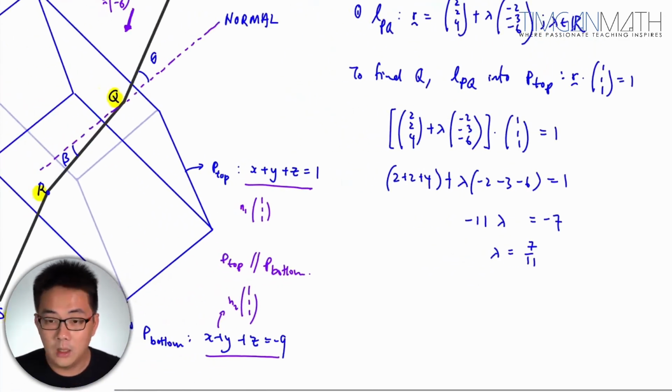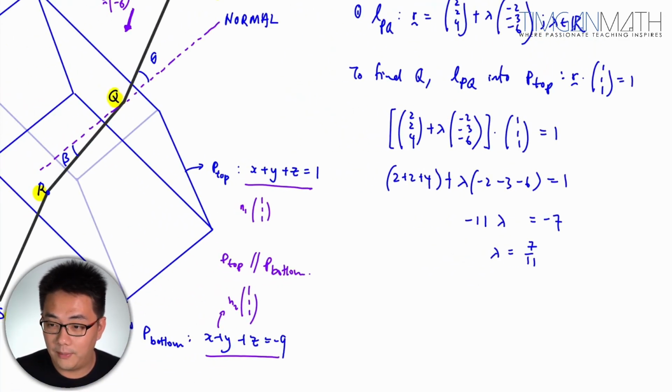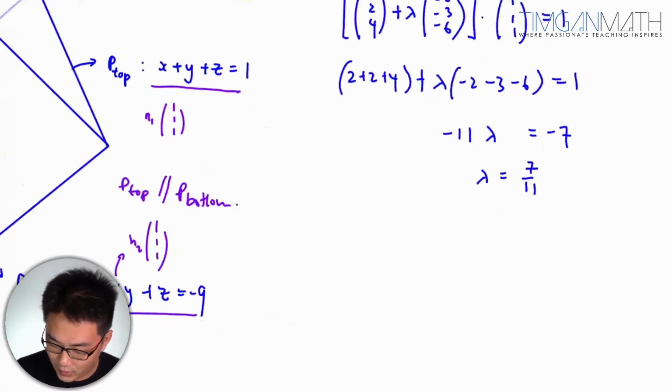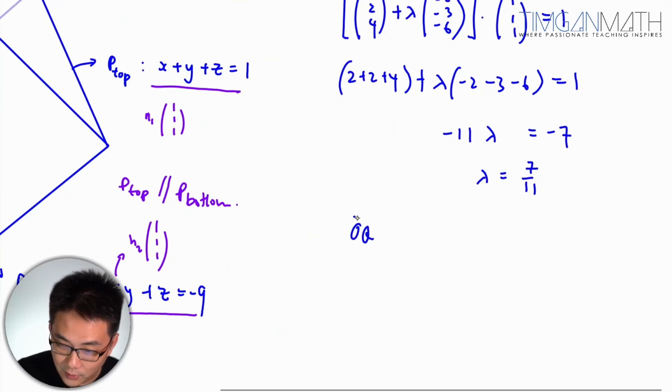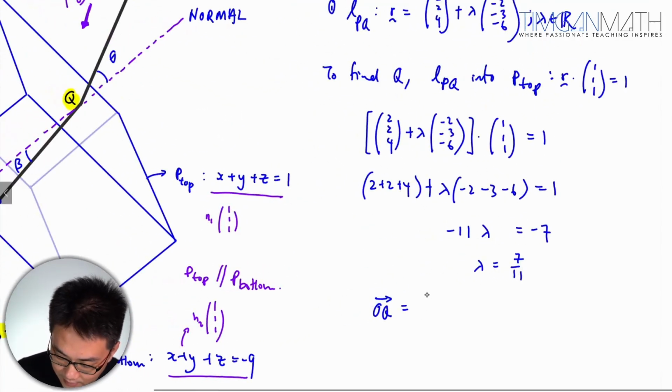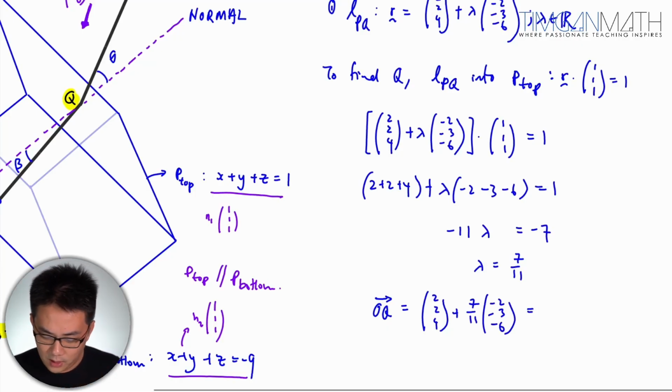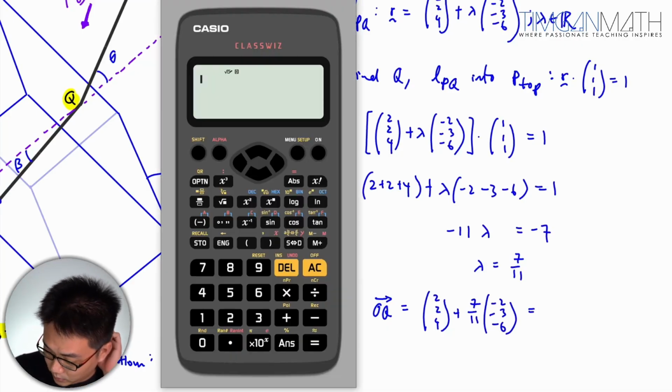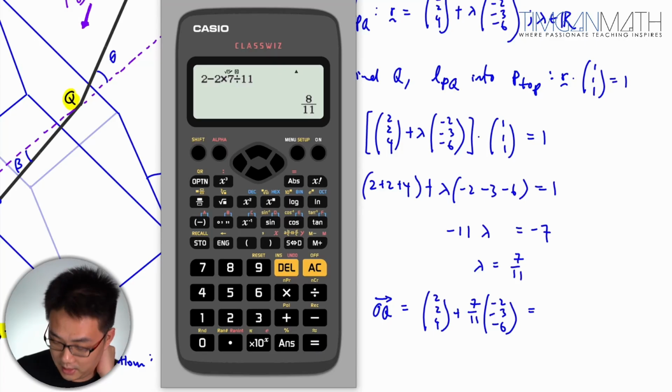That's a weird number, but OQ would just be (2, 2, 4) plus 7 over 11 times (-2, -3, -6). Let me bring up my calculator. 2 minus 2 times 7 over 11 is 8 over 11.